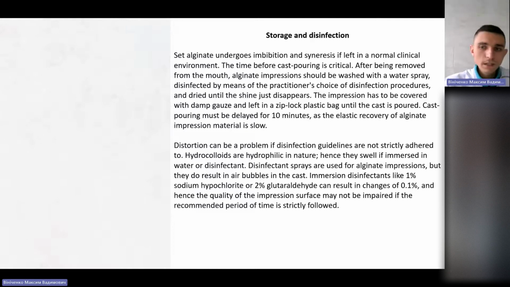But it is very important that the concentration of the solution must be right, because the dental assistants could make a higher concentration than it must be, and when you put your tray with alginate, it would be spoiled, and you need to make a new impression. So it is very important.